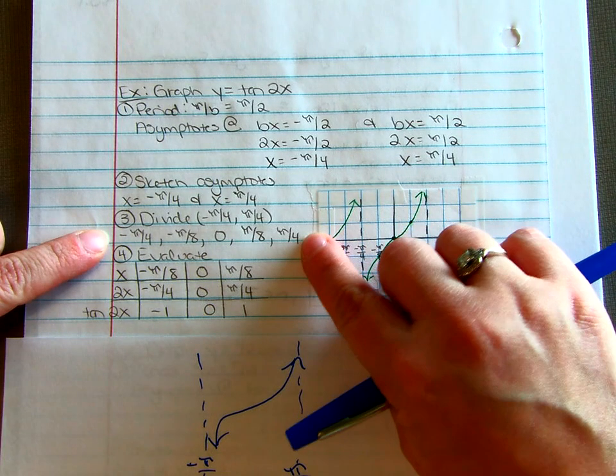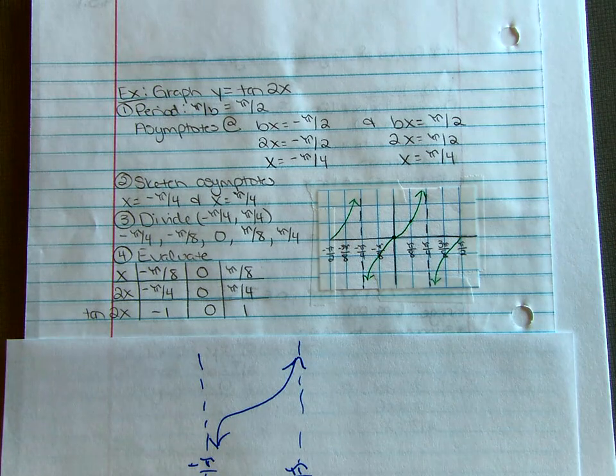That's because I'm not actually evaluating my function there, because that's where my asymptotes happen. So I'm only evaluating my function at the 3 subdivisions in between: negative pi over 8, 0, and pi over 8. Then I take 2 times that, which gives me negative pi over 4, 0, and pi over 4, and I find what the tangent at those various locations is. Because that's going to tell me my ordered pairs to graph.